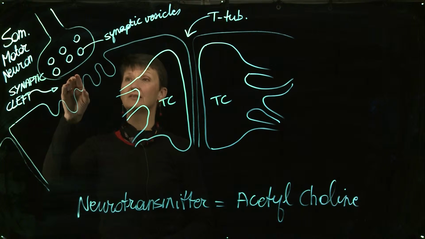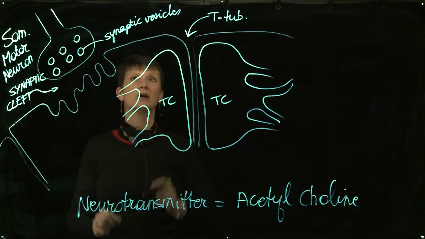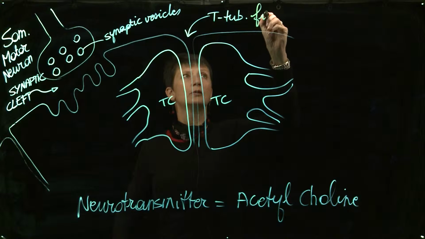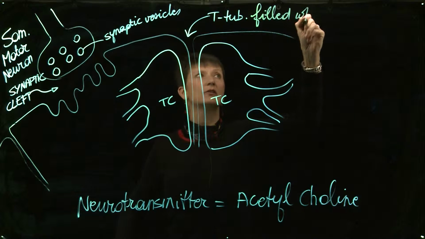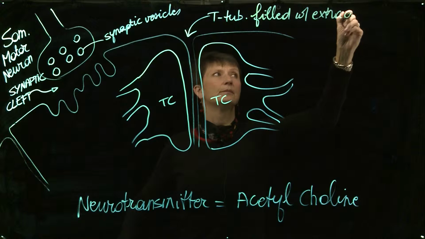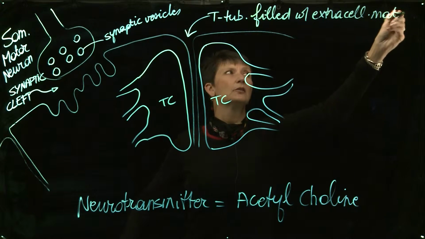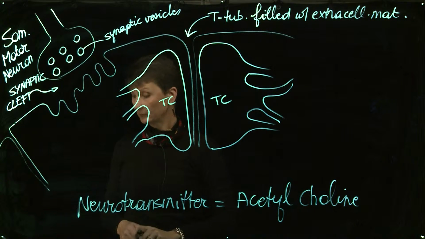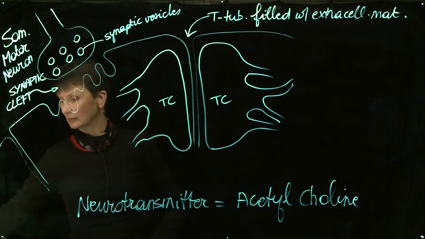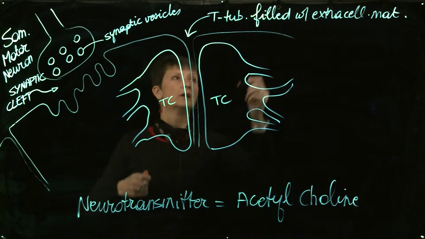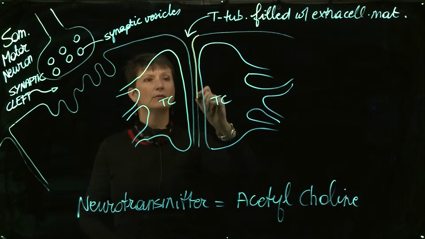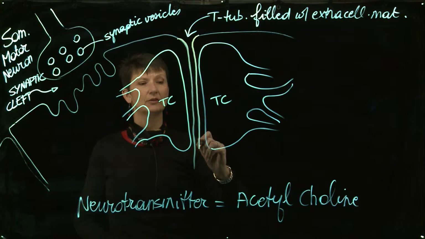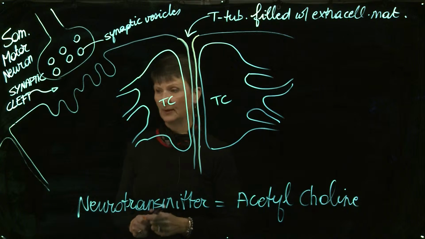So your T-tubules are also filled with extracellular material. It's just as if that watery material continues to flow into our T-tubule. Let me grab a better pen to illustrate these T-tubules because they're not showing up very well. So here we go. They're just invaginations of our sarcolemma.